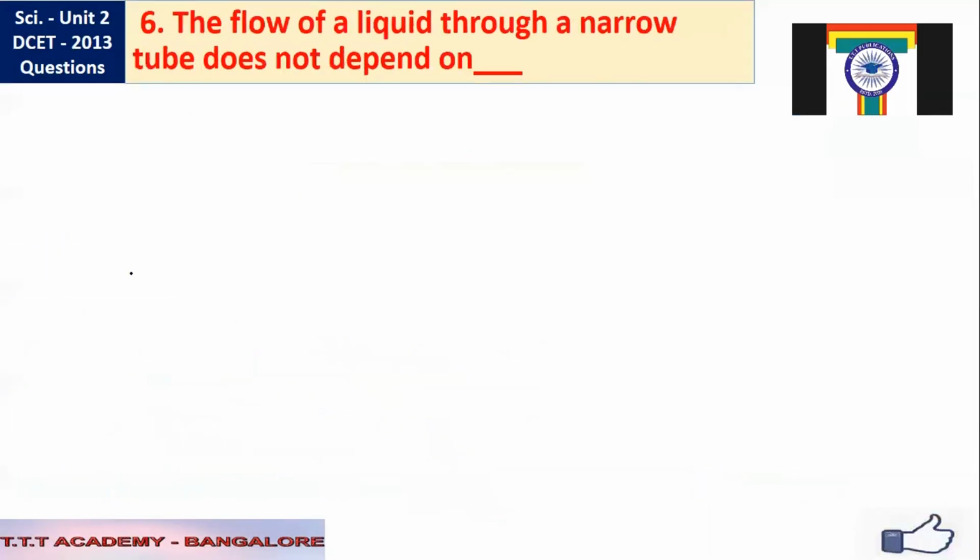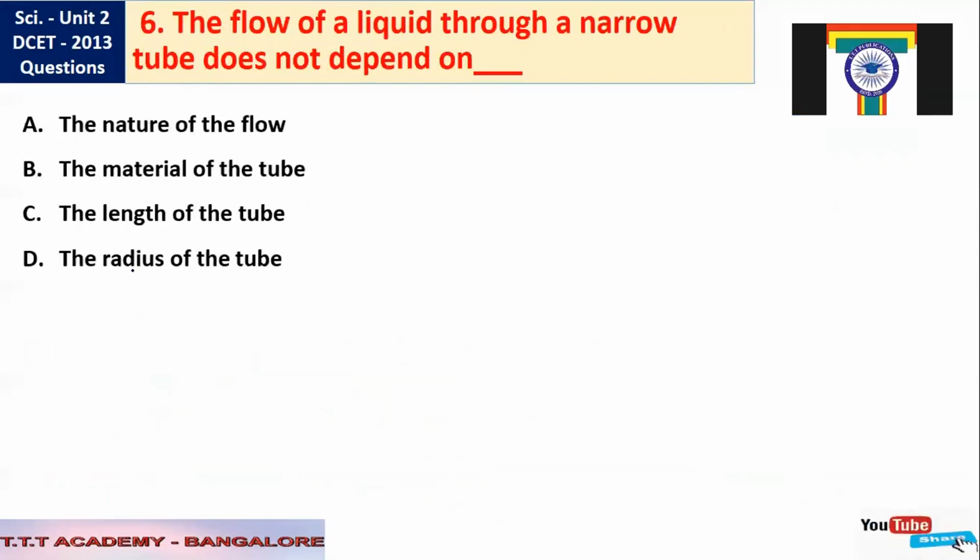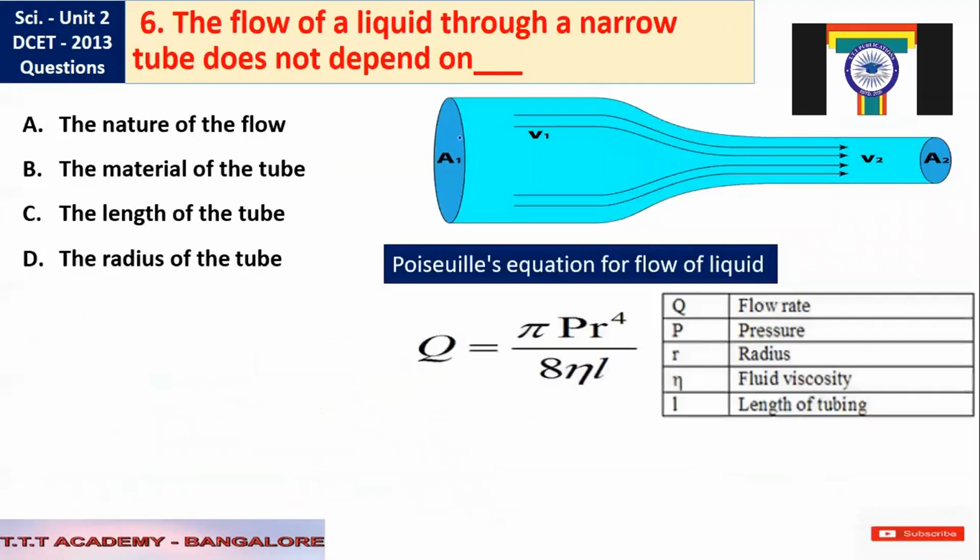Next, dear students, I'll proceed with question number 6. The flow of liquid through a narrow tube does not depend on which of these? Suppose you can observe here, this is a tube. Narrow means a specific directed tube.